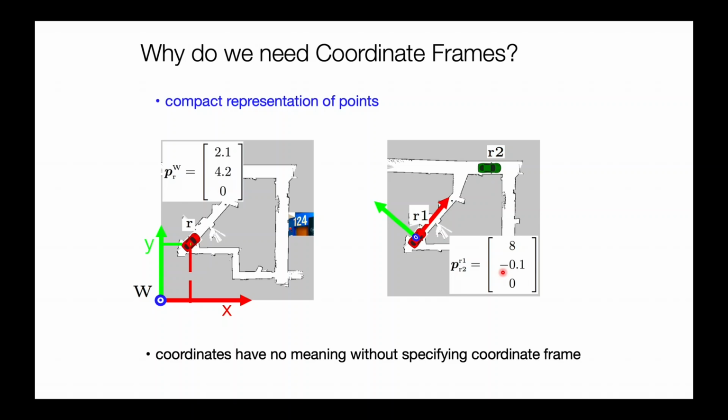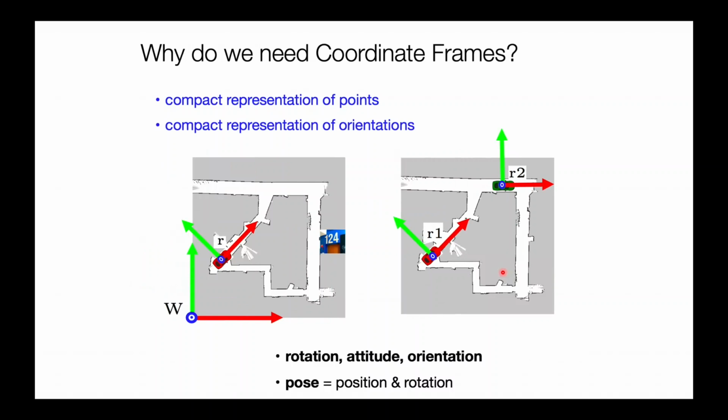So this is a very trivial point to show that any position or pose of the robot only makes sense when you have defined the coordinate frame in which you are describing that pose. And this is not just true for the position, it also holds true for orientations of robots. So remember how the pose of a robot is a combination of the position and its orientation, or the rotation aspect of the robot as well, which is the theta.